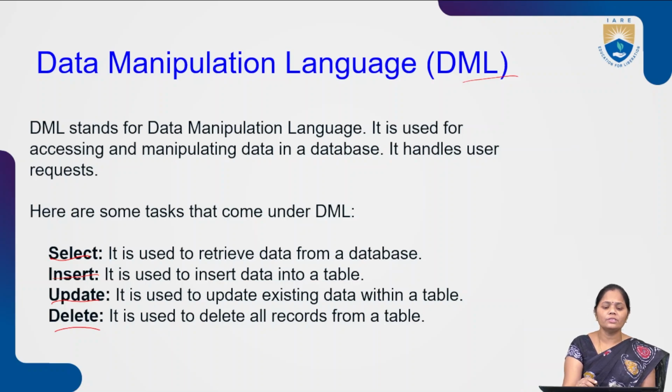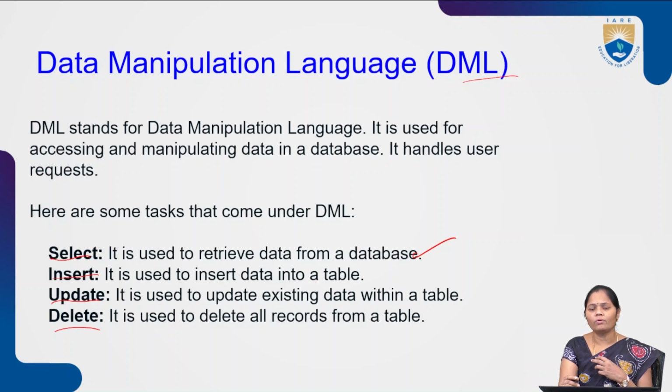The select is used to retrieve data from the database. By making use of this select command, we can retrieve the data, either all the data by making use of a star. If you write select star from table name, that star represents all the data from the table we can retrieve. Or else we can retrieve the data conditionally.